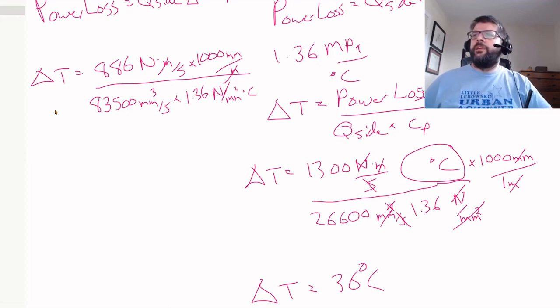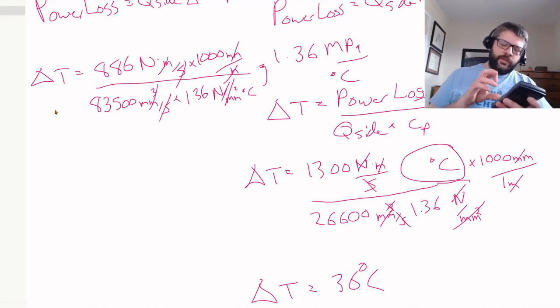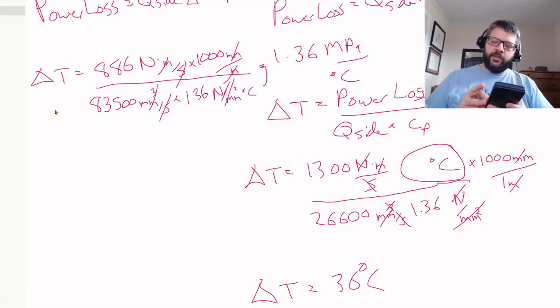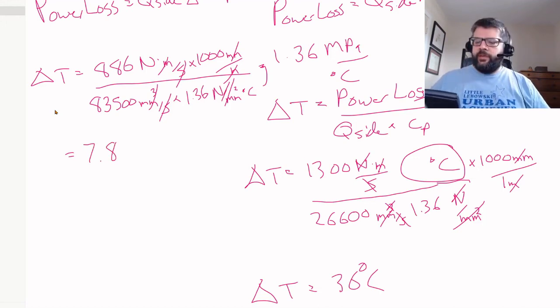Our millimeters all cancel out, our seconds all cancel out. When we divide the C over here, it goes to the top, so once we plug these numbers in, it's going to be in degrees Celsius. So 886 times 1000, divided by 83,500, divided by another 1.36. Here we're looking at a temperature rise of 7.8 degrees Celsius. So significantly less.